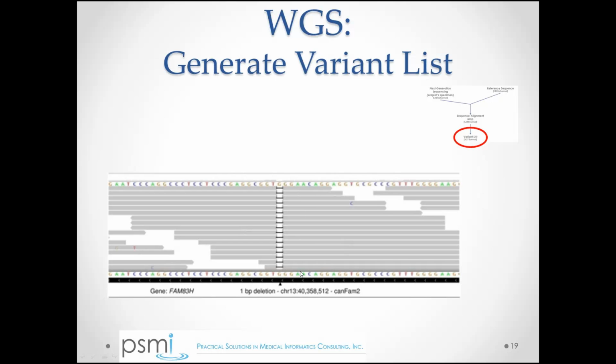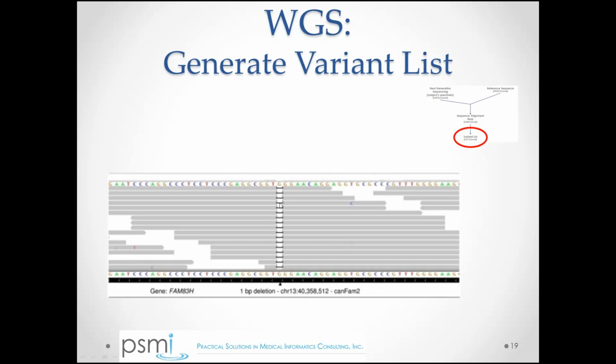And so you could imagine how a computer algorithm could look at all of these alignments and say, you know what, this particular fragment lines up to the reference, although the reference had a G right in here, which we don't see. So I can infer from that that this fragment must have a one base pair deletion.